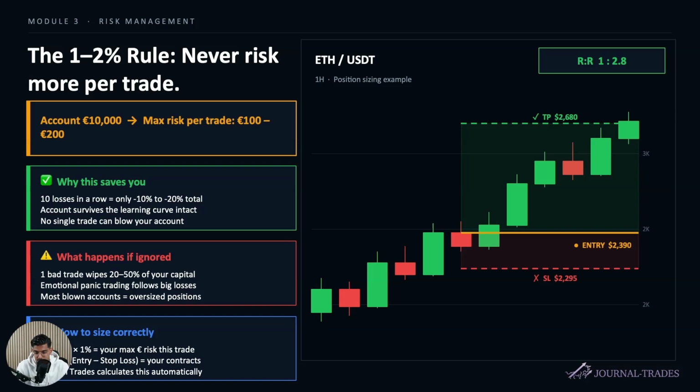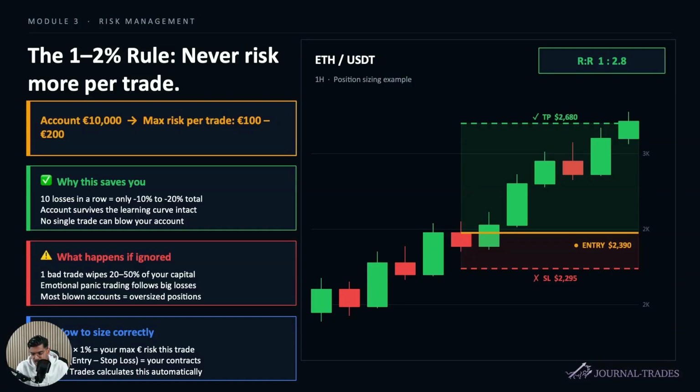It's just not possible. And if you ignore this rule, so if you want to trade with 10% risk per trade, I can guarantee you that you will move your stop loss out of emotion, because you're not certain that your trade is going well, because you can never be certain. No one has seen the future, and you can never be certain whether it is going to move up or down.